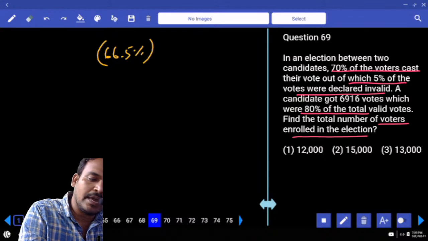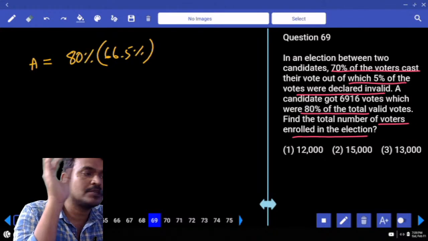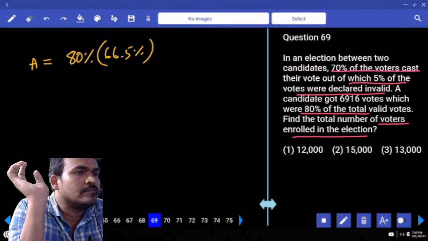In that, A got how much percent? 80%. A's votes are 80% of 66.5%.